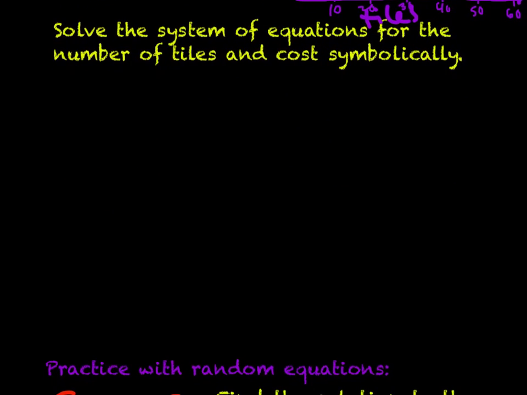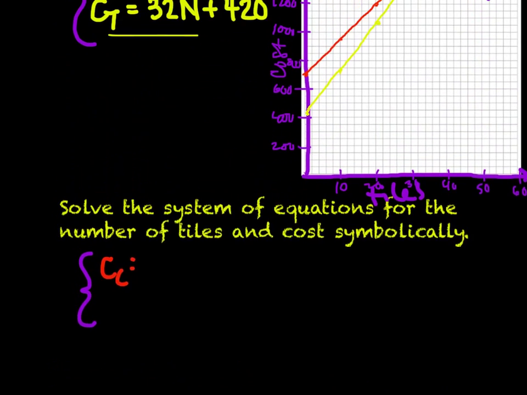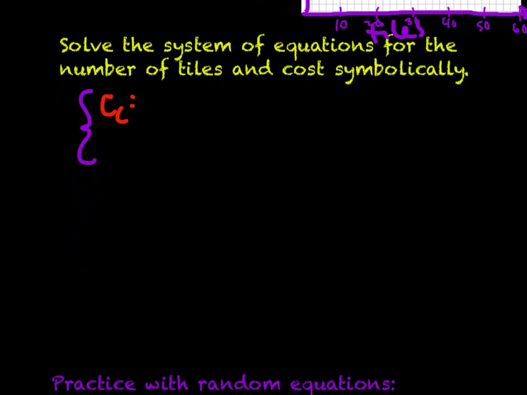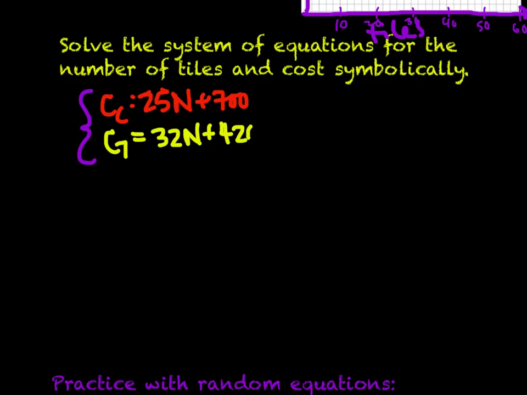So we have our system of equations where we have c sub c is equal to 25n plus 700, and c sub t is equal to 32n plus 420.